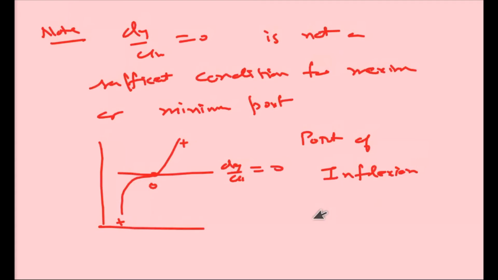Now, if there is no change of sign, you can say also this way: negative to 0 to negative, this is also a point of inflection. Dy by dx is here also 0, right?